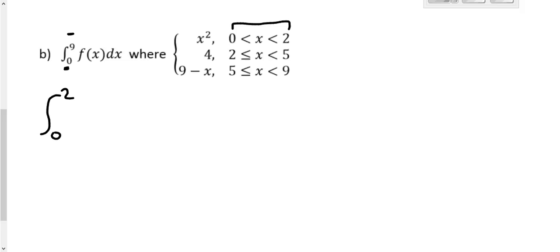That's the biggest thing here. Then we're going to have an integral from 2 to 5. Pick up at 2 where we left off, go to 5, and then our equation changes again, 5 to 9. So we will have a third. Pick up at 5 where we left off to 9, and that will give us the whole integral from 0 to 9, which is what we wanted in the first place.